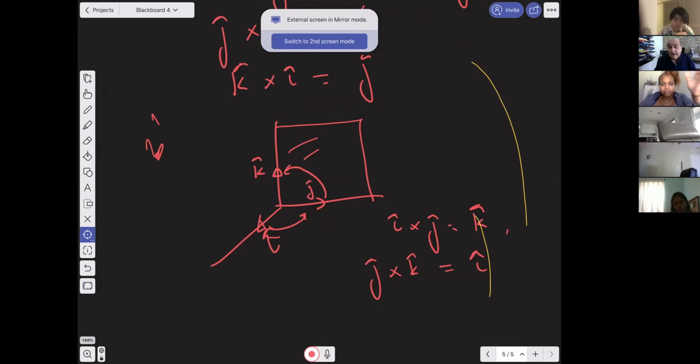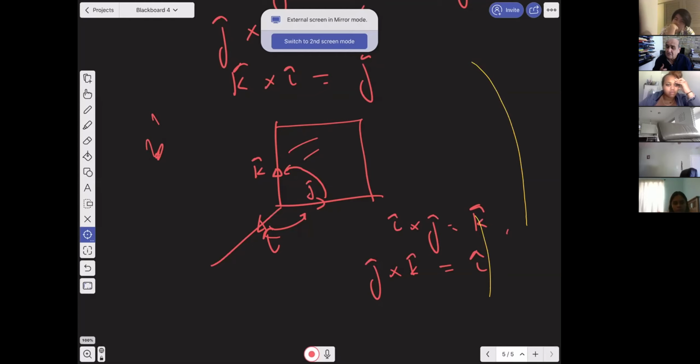The other way that I like to do it, for me it's easier, but many books use the right-hand rule. I like to think of a screwdriver. You know, when you use a screwdriver, if you turn it clockwise, it will go in this direction. If you turn it counterclockwise, it will go in this direction.